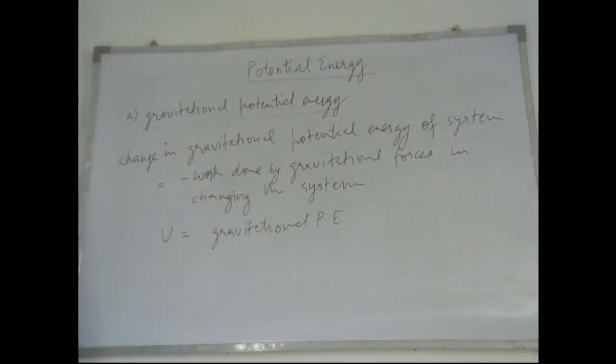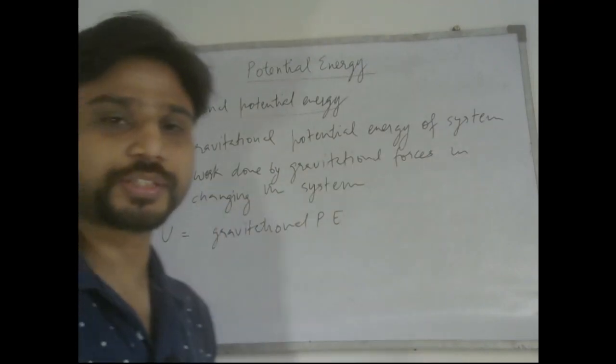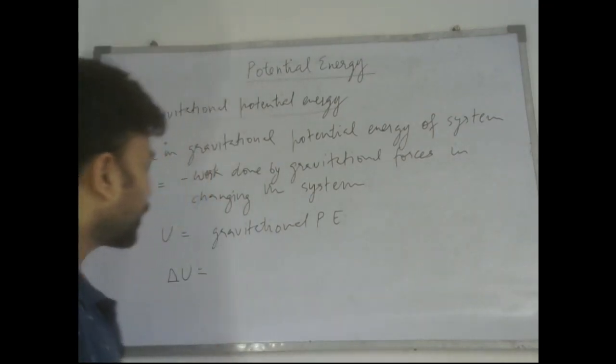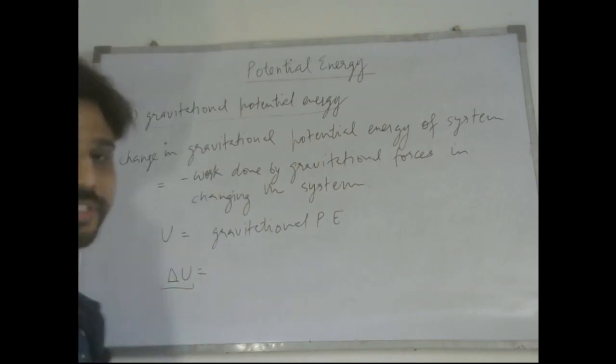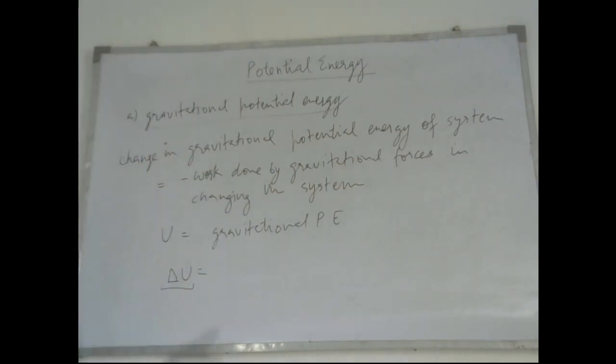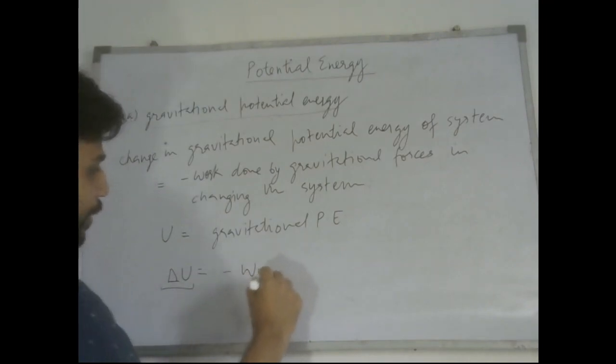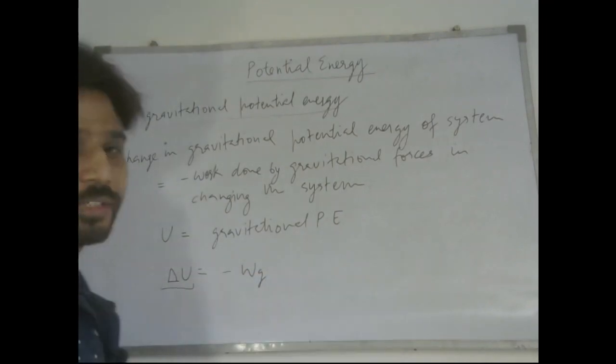So at some height, I would say the potential energy of the particle is some U. So the change in gravitational potential energy would be delta U. So I am saying that the change in gravitational potential energy, that is delta U, is equal to the negative of work done by gravity in bringing about that change.